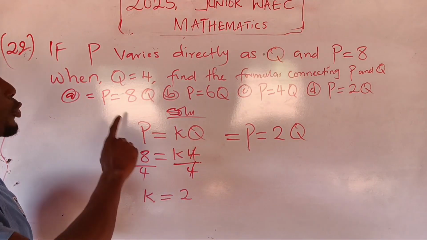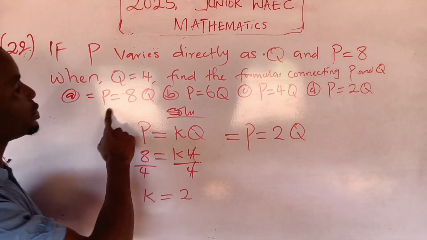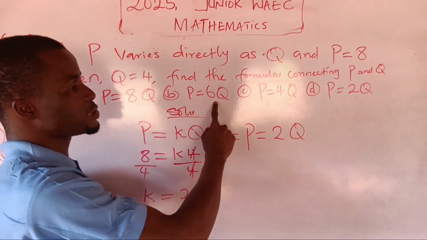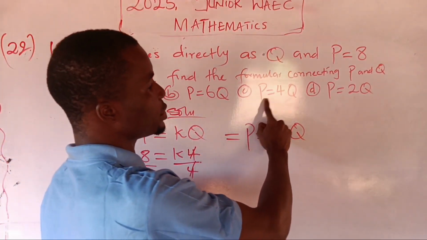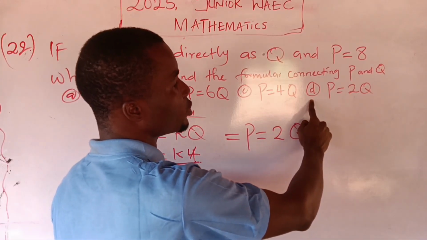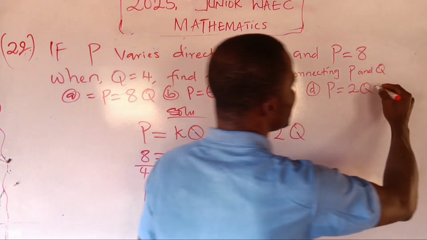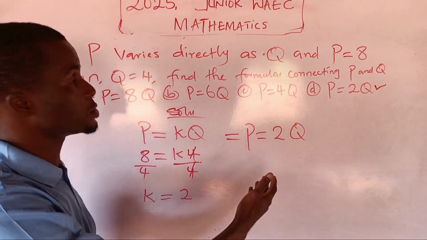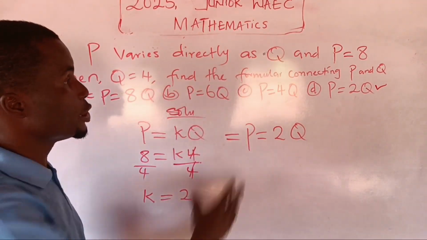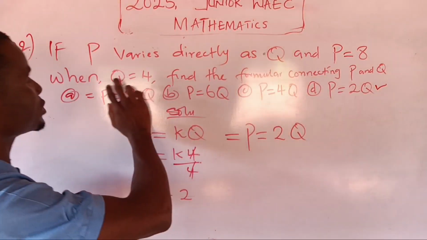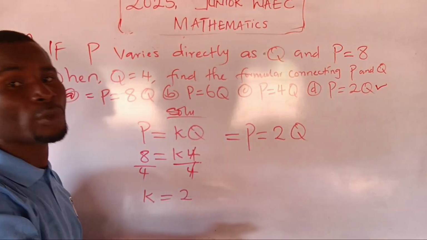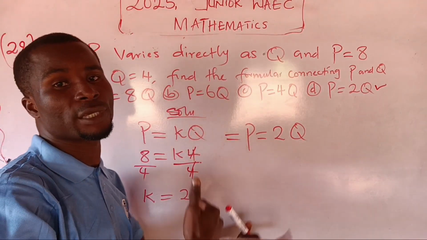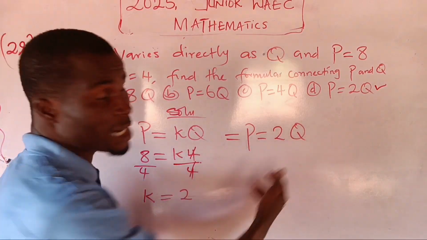Now let's check the options we have. The first one is P is equal to 8Q. Second option is P is equal to 6Q. Third option is P is equal to 4Q. And fourth option, the answer is this. That is just it, because that is just the question. If we input these values inside here, we still get it, because what is on the right hand side must be equal to what is on the left hand side.